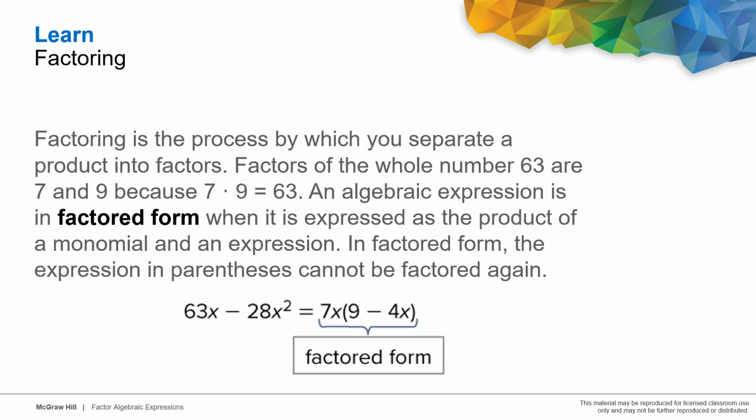For instance, the factors of 63 are 7 and 9 because 7 times 9 equals 63. So 63 is a product of 7 and 9, and 7 and 9 are factors of 63. For a simpler example, the product of 2 times 2 is 4, and the factors of 4 are 2 and 2.